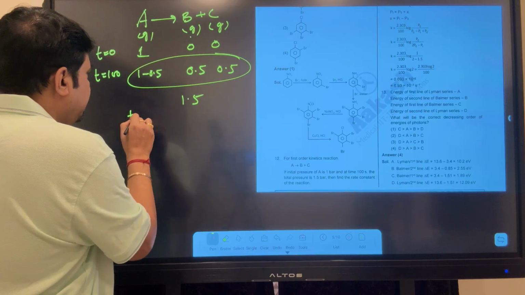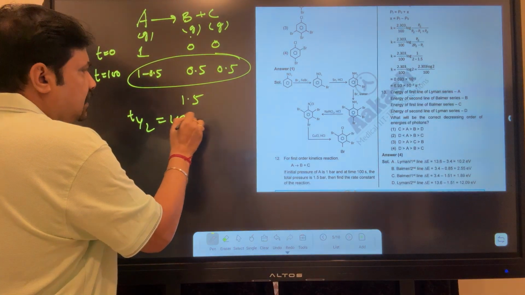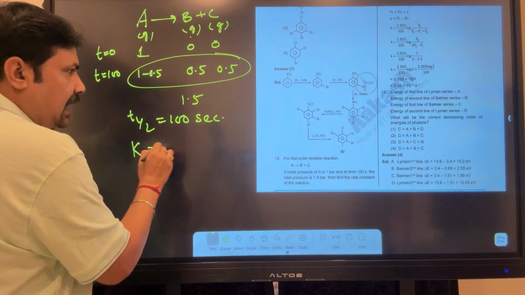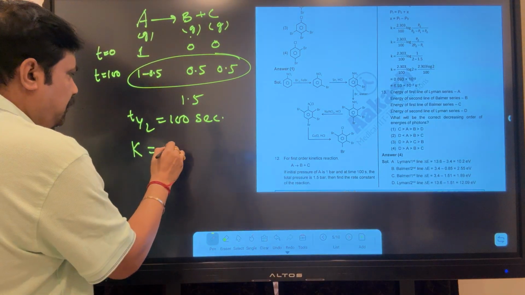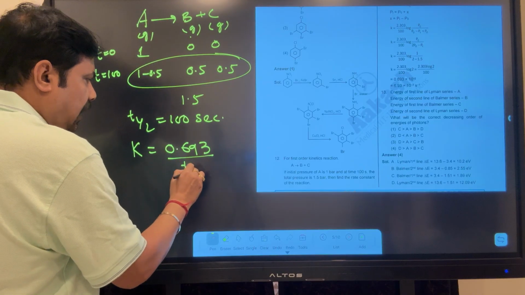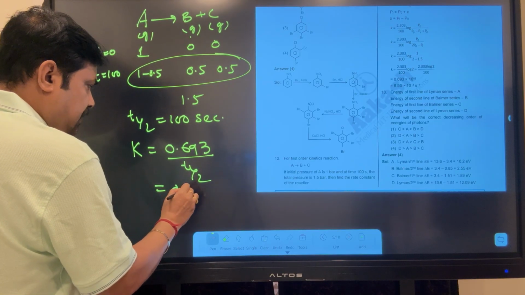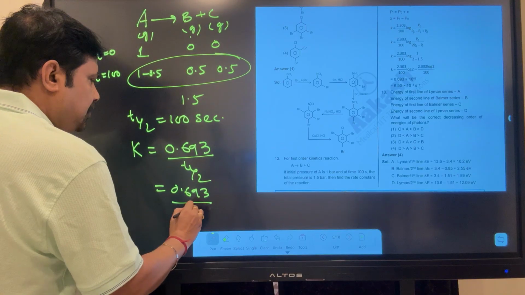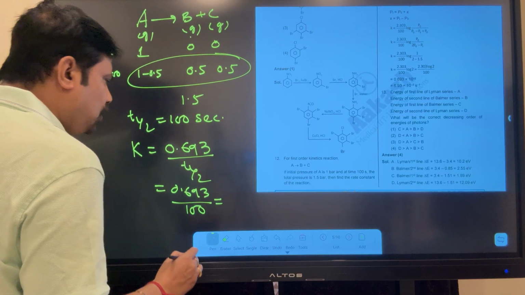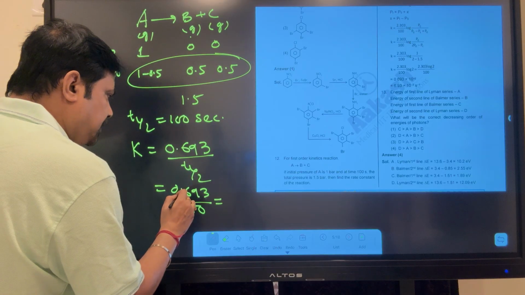Directly I can write t half equals 100 seconds. Then, since they are asking the rate constant, k for first order kinetics equals 0.693 by t half, which is 0.693 by 100.